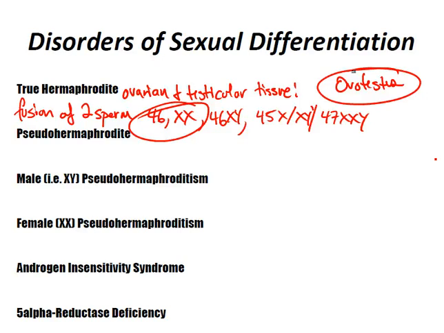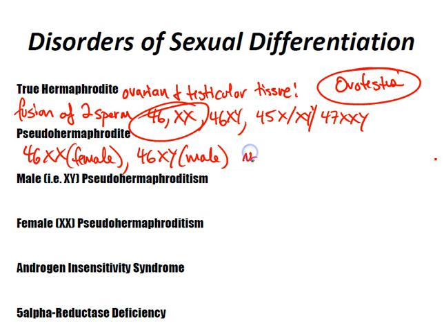So female hermaphroditism is 46XX. And for the male, it's 46XY. So the ductal sex now of females is normal Müllerian structure.